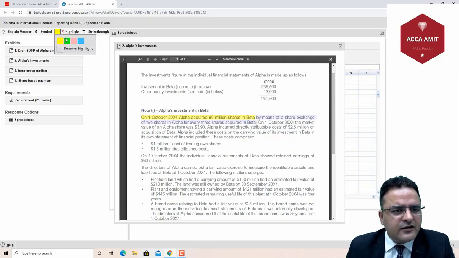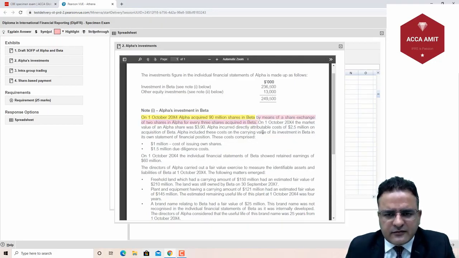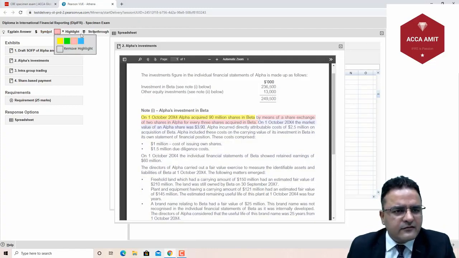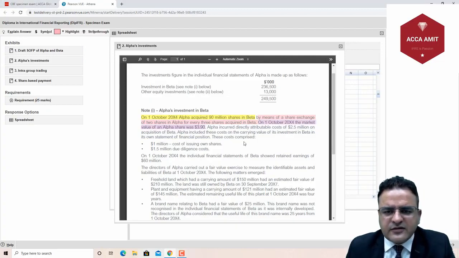So we can highlight the third. On 1st October 2004, the market value of Alpha share was 3.90. This information again I'll be needing in working note number 3 for knowing the value of these shares.